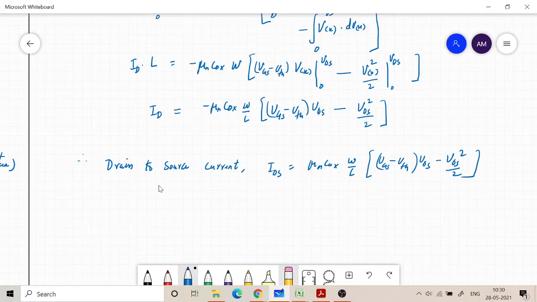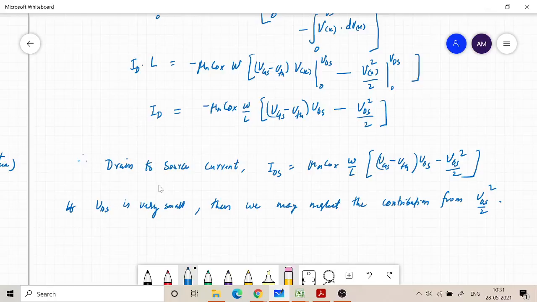Now for small values of voltages, if VDS is very small, then we may neglect the contribution from the square term.